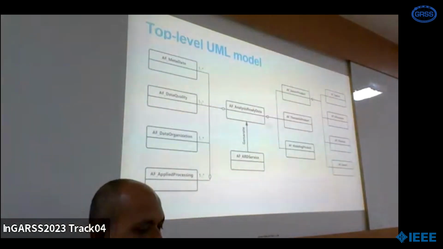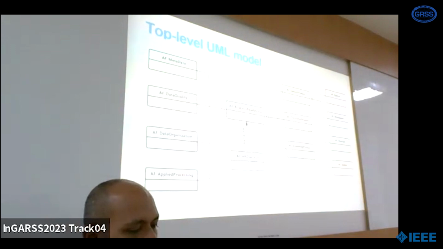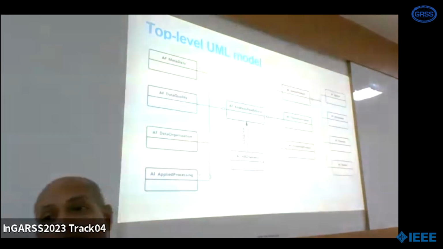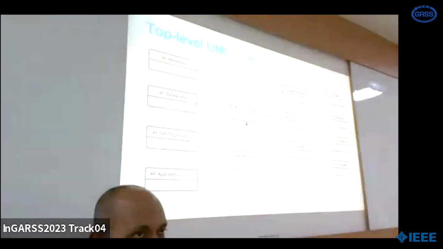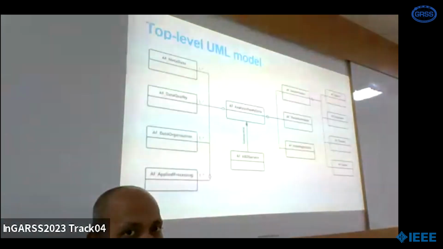One of the important works of ISO 19176 Part 1 is to define the general framework, the overall top-level UML model for the ARD. This is very important because this framework allows each part of ISO 19176 to be plugged in.